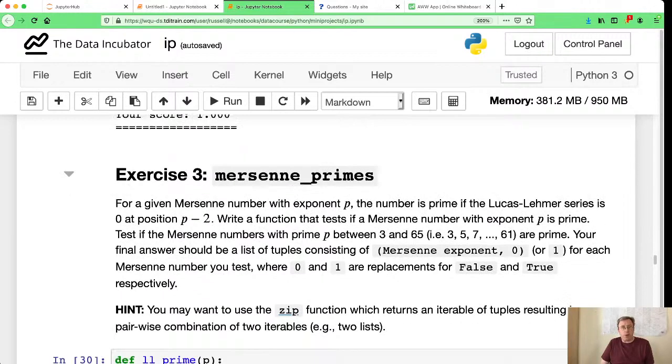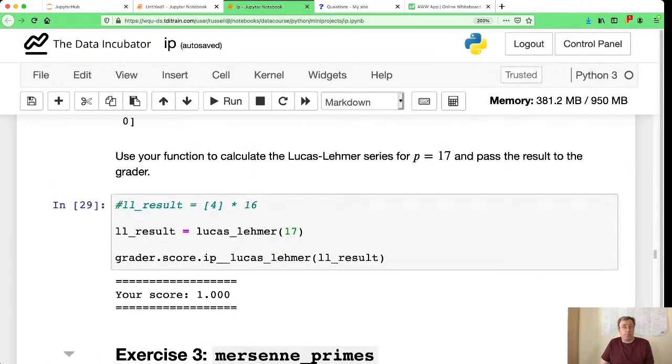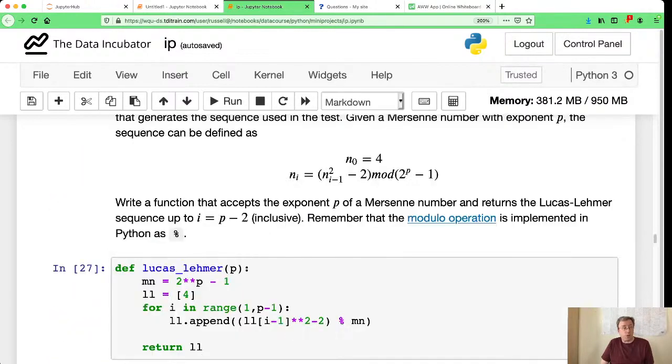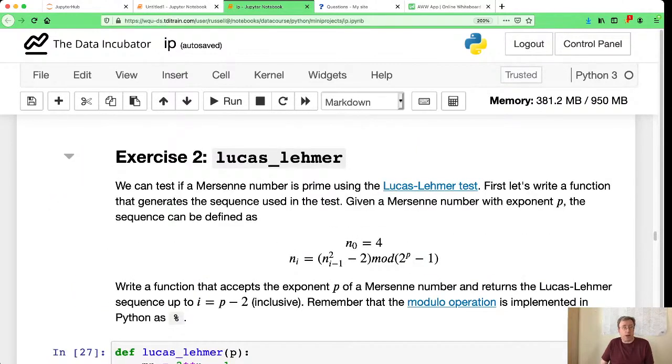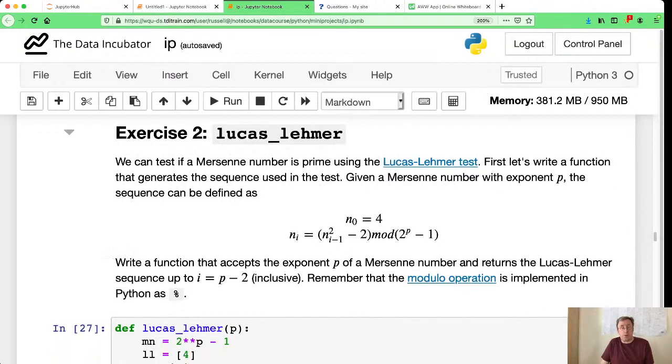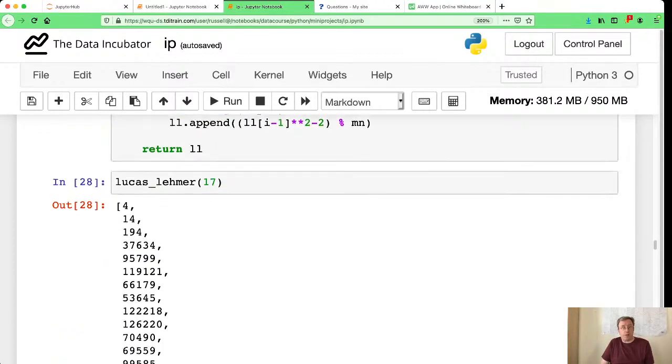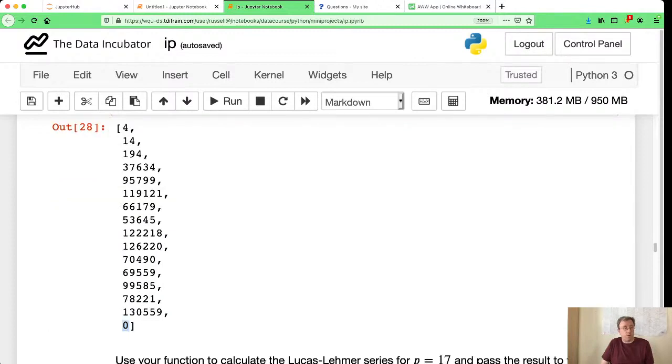This Lucas-Lehmer test, which seems slightly magical at the moment because I can't remember the details, right? But as it says, we generate the sequence of numbers, and this last number that we generate will tell us whether this is a prime number or not.